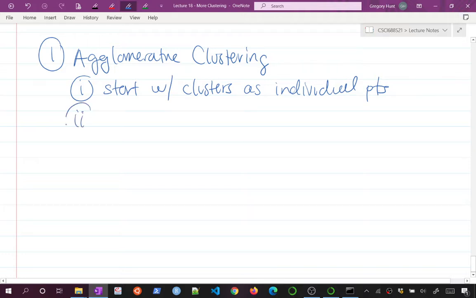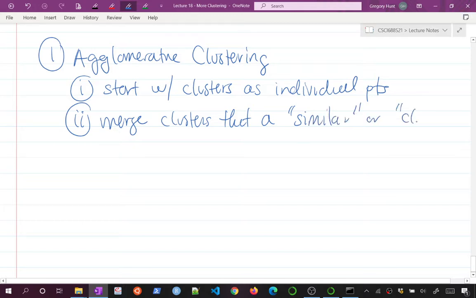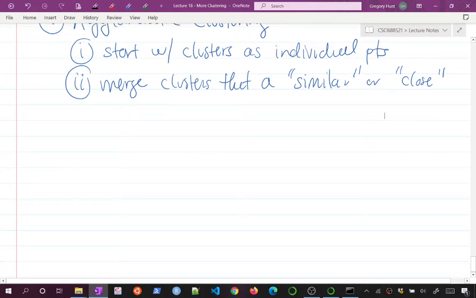And then I'm going to merge clusters that are, quote, similar or, quote, close, thereby reducing the number of clusters I have.